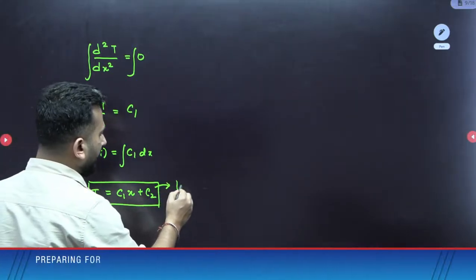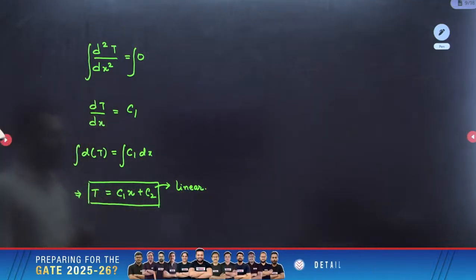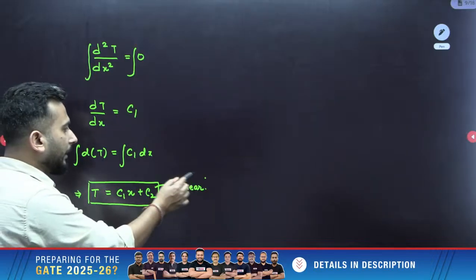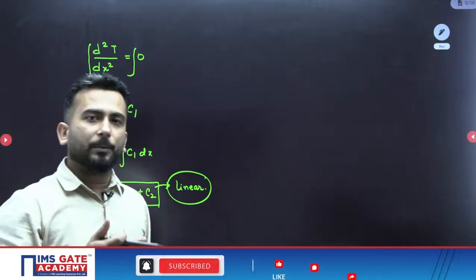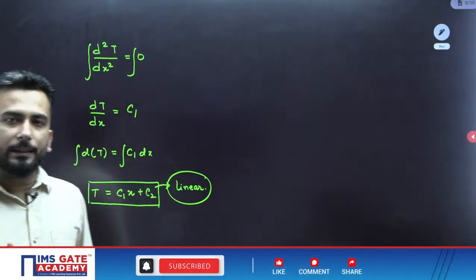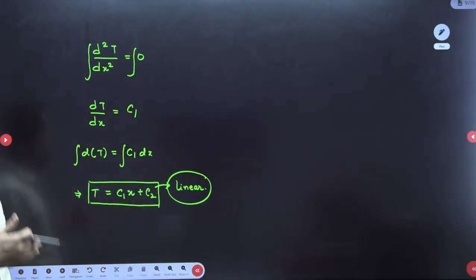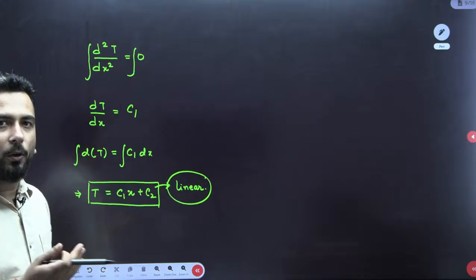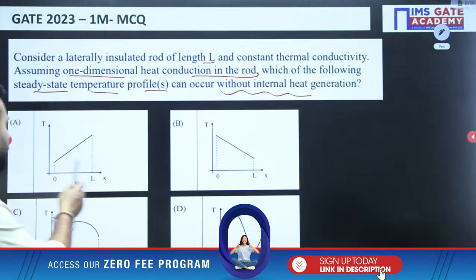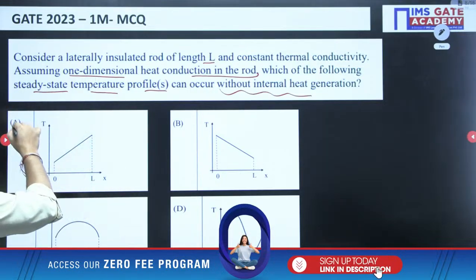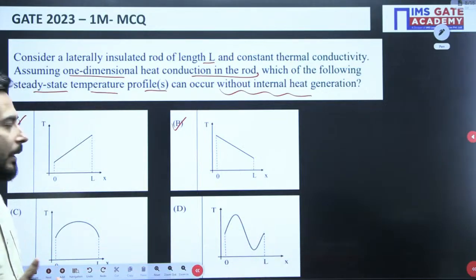So temperature varies in a linear fashion with x, and remember the assumptions: steady state without heat generation, one dimensional, k is independent of temperature. We have to assume all these things. So we are getting a linear relationship, and among the four options, option A and option B are the correct answers.